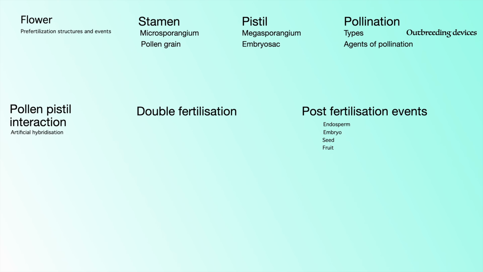And at this stage, we call it free nuclear endosperm. How many nuclei? It varies between the different species. Subsequently, after the nuclear division, the cell walls are laid. Then you see a tissue, like a proper tissue.